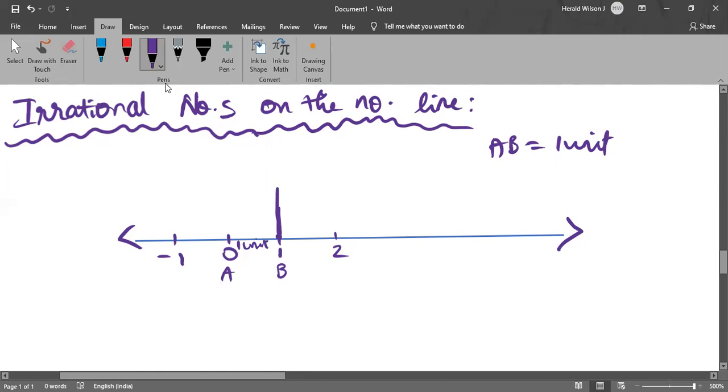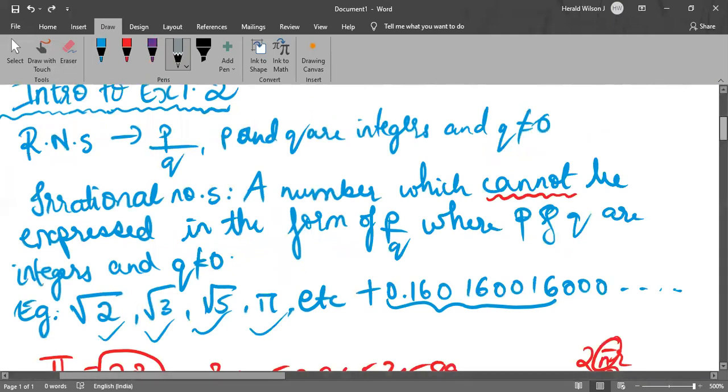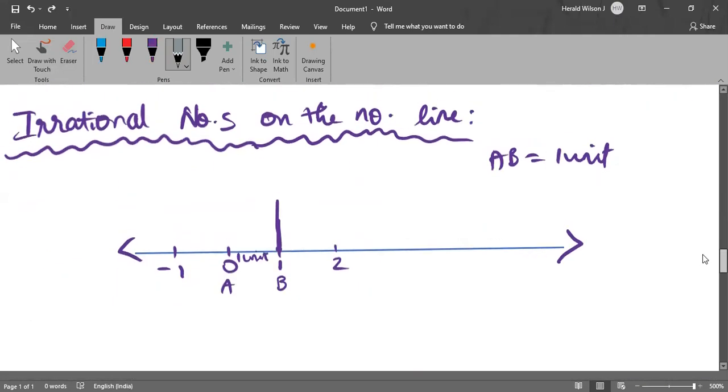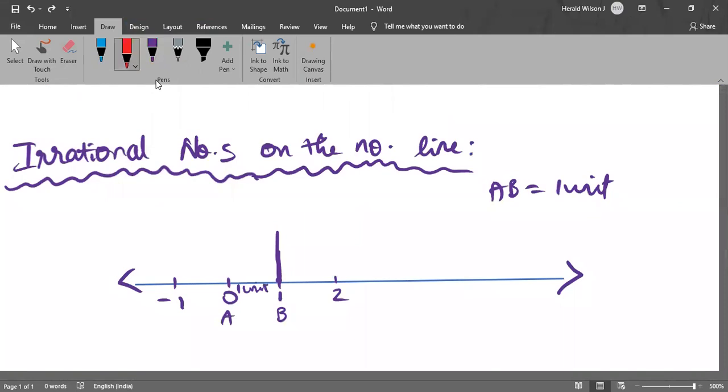You know how to measure 1 unit using the compass? I hope you know that. Then keeping your compass on point B, cut an arc here. Sorry, I didn't know it would get that effect. So cut an arc here. So that means this should be 1 unit.